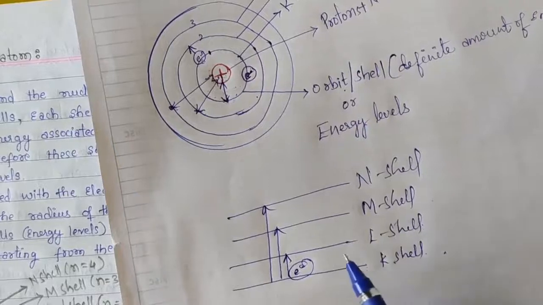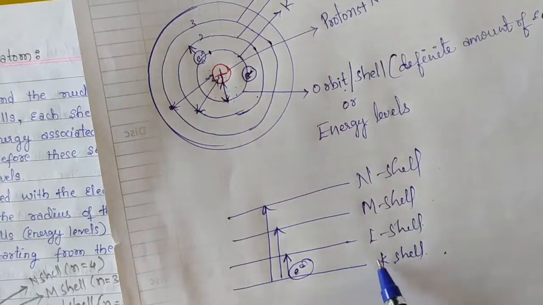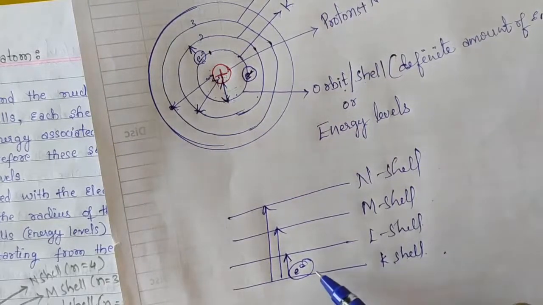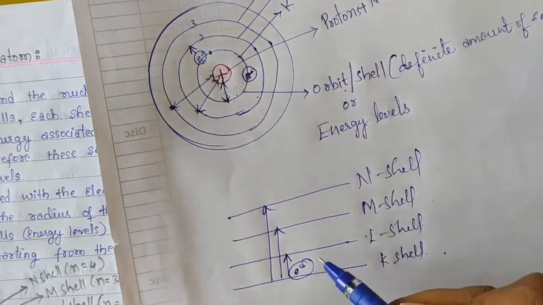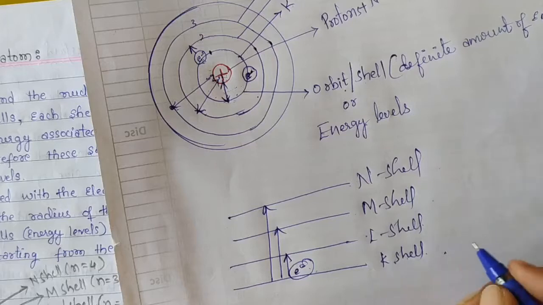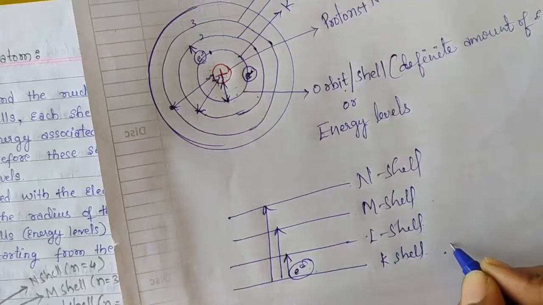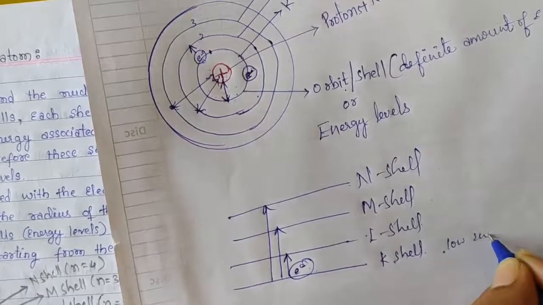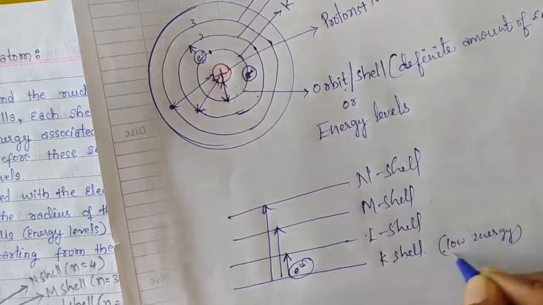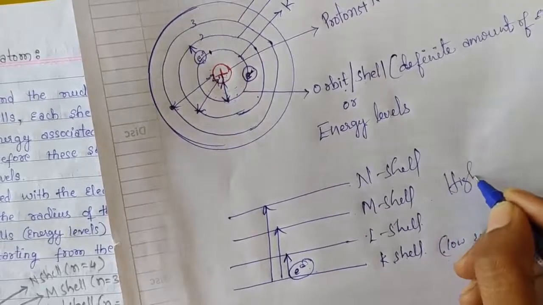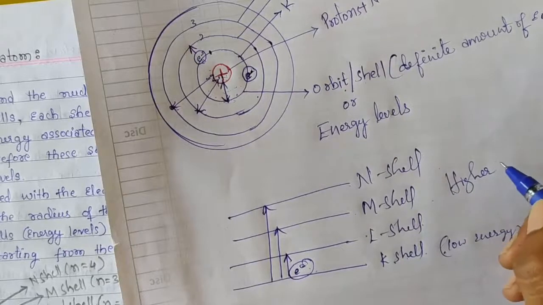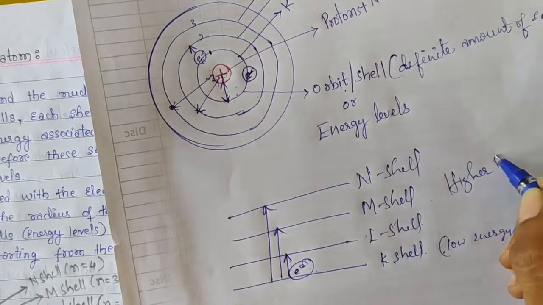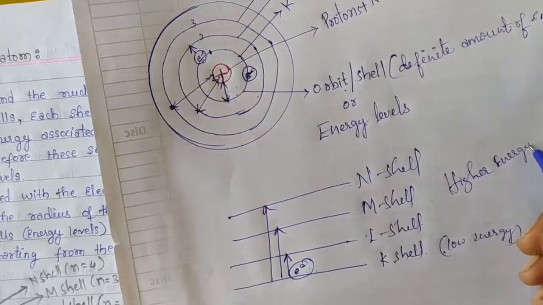So the electron which is present in the K shell can jump to the L, M and N shells, since it is jumping from the shell having low energy to the shell having higher energy.